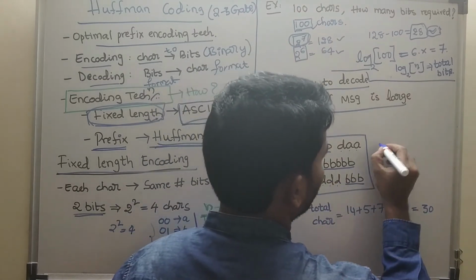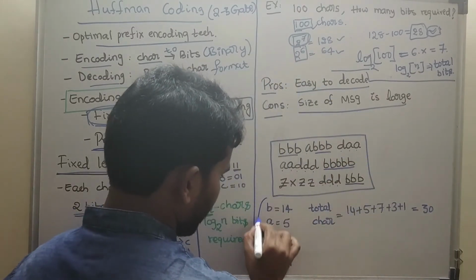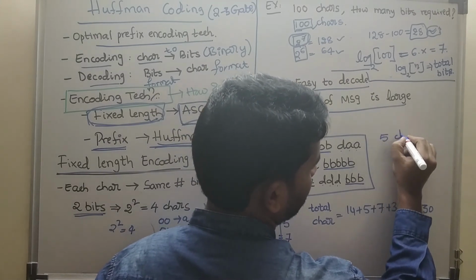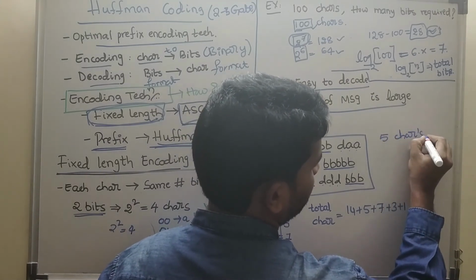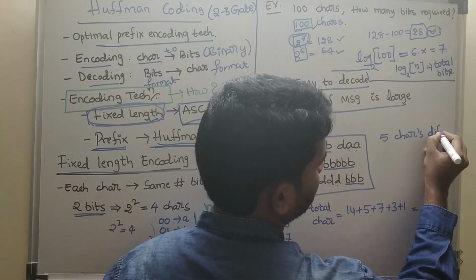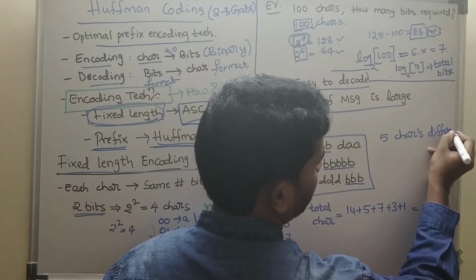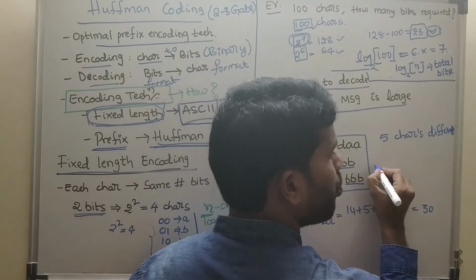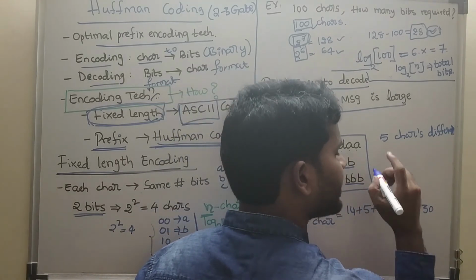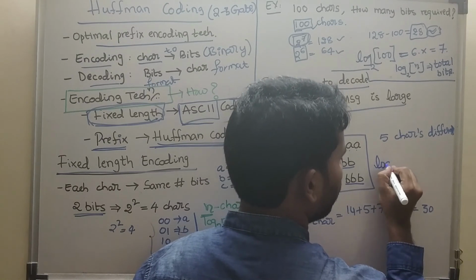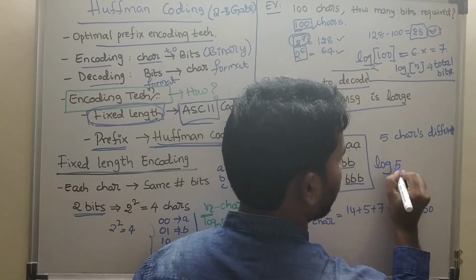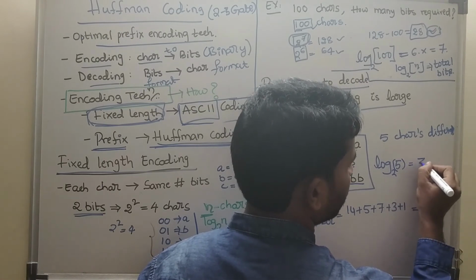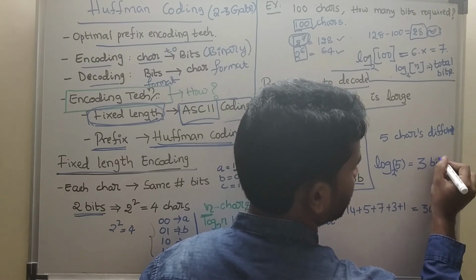How many different characters? 5 characters are different. So how many bits do you need to represent each character? Log of 5 base 2, which will give 3 bits.